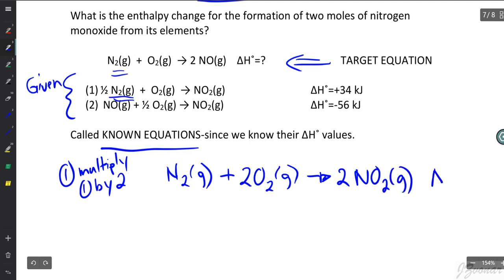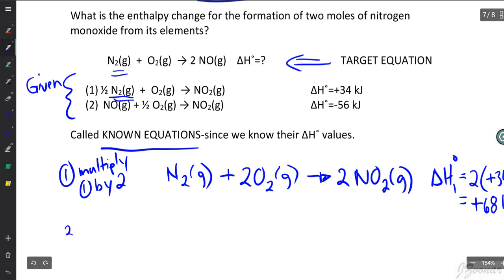Now don't forget, we must apply this multiplication to my delta H value of positive 34 kilojoules. So 2 times positive 34 equals positive 68 kilojoules.